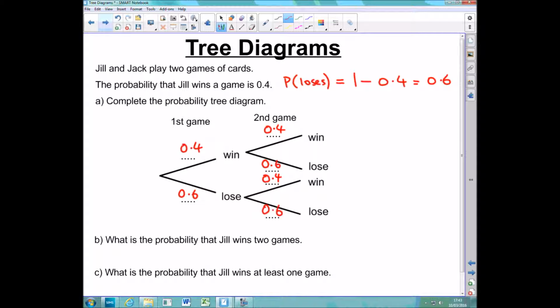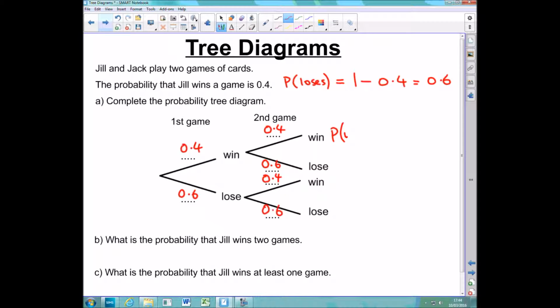Now, I would suggest before you even think about answering any questions that we do some extra work on these tree diagrams. Starting at the top here, we're going to work out the probability of each of these different situations occurring. To get up to the top here, as you can see, we have gone up, which means she's won the first game, and gone up again, which means she's won both games.